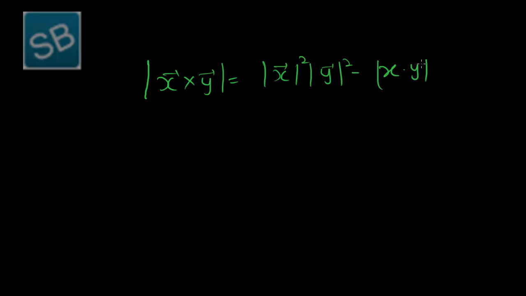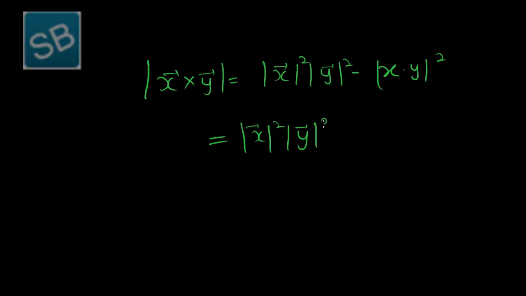That is, modulus x cross y squared is equal to modulus x square into modulus y square minus modulus of x dot y square.